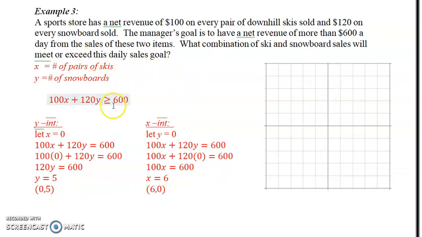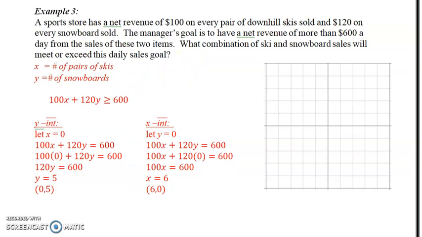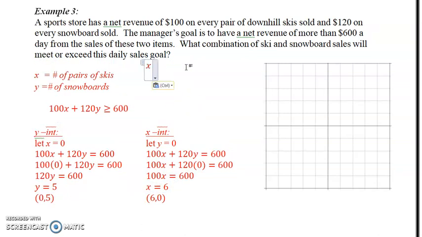Now, you'll recognize that x and y, if it's the number of skis and number of snowboards, that's going to tell you that x is an element of the whole numbers, and y is an element of the whole numbers, because you can't have negative.